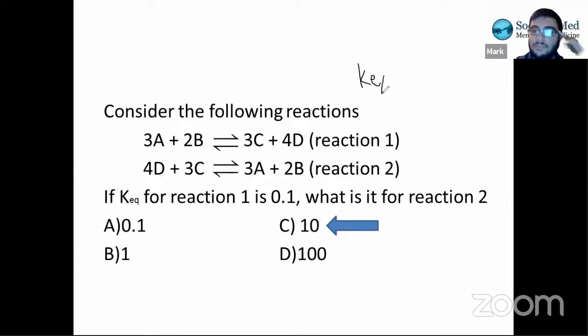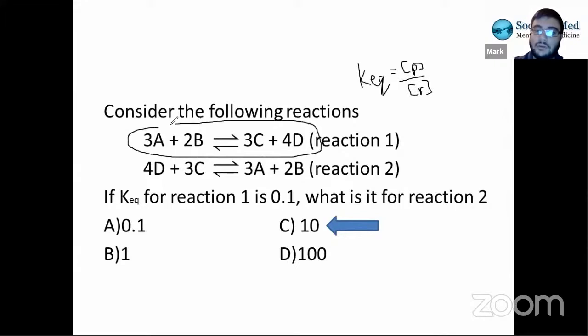equals, sorry, this is Q, equals concentration of products over concentration of reactants, right? And we know that for reaction 1, I'm going to ignore the coefficients for now.